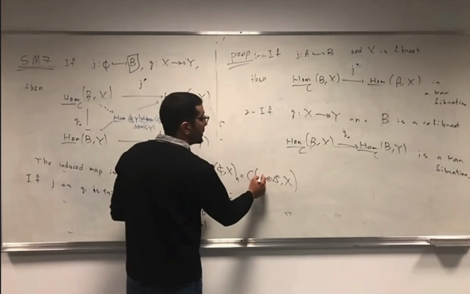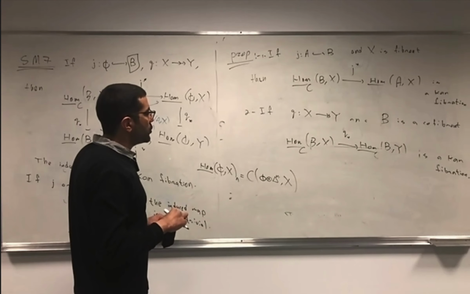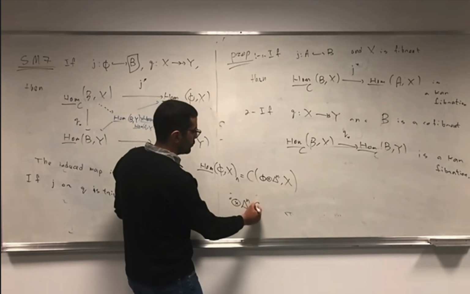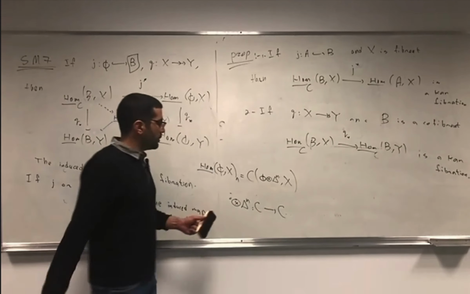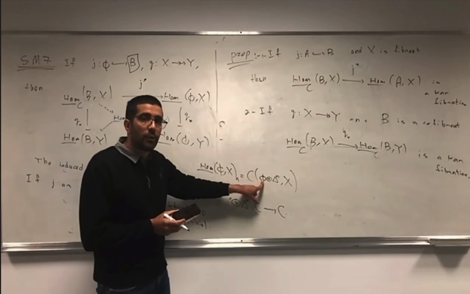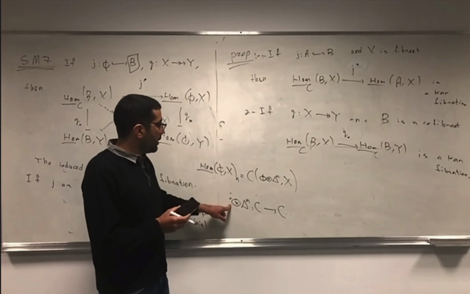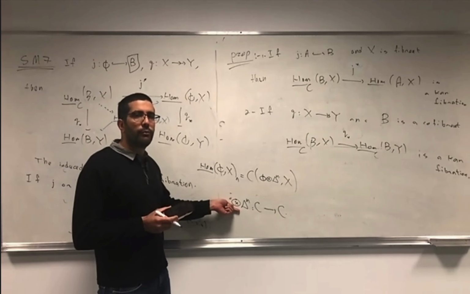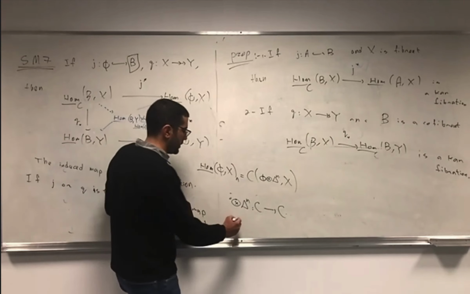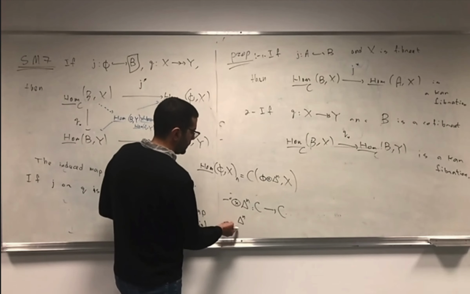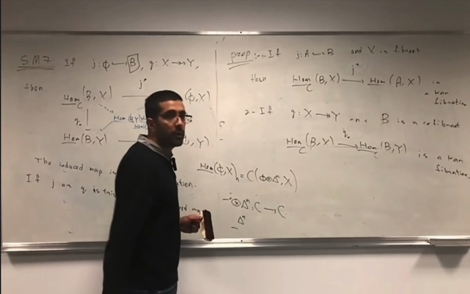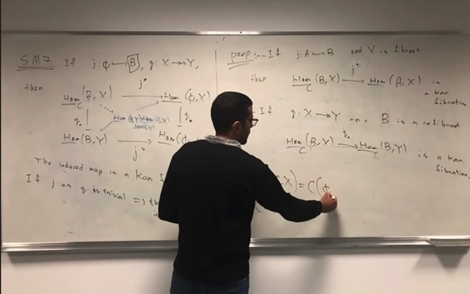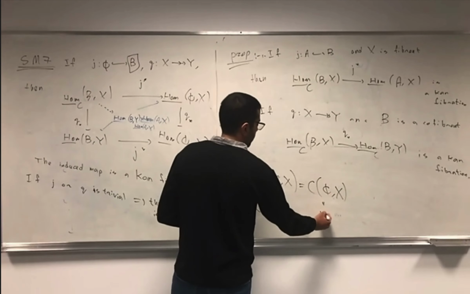By what we said there, we know that this functor from C to C, I mean by this the initial object, has a right adjoint, so this is the left adjoint and it preserves colimits. So this will go to C empty X, and C empty X will be just one point, okay?